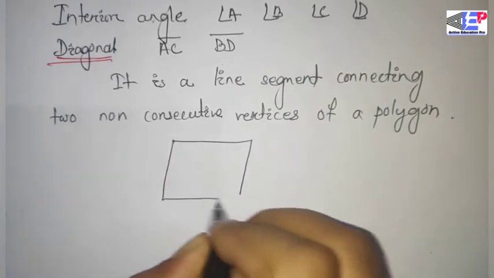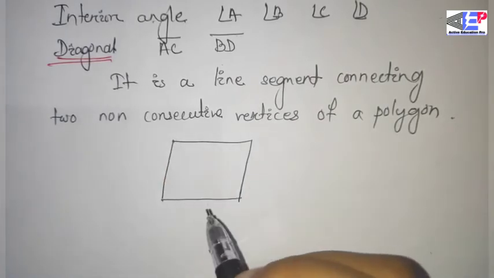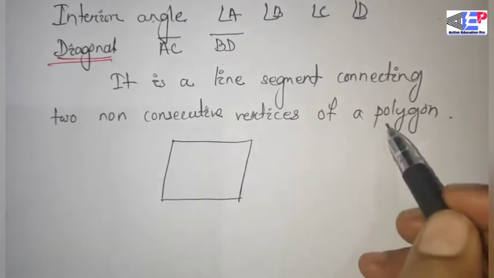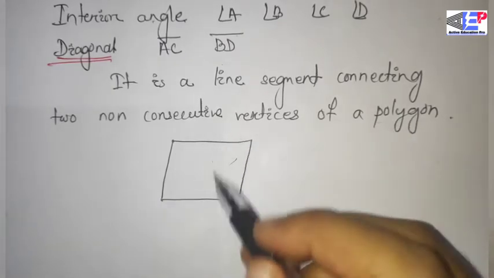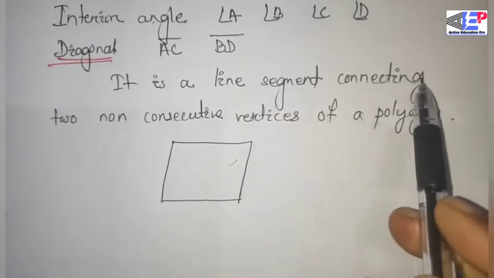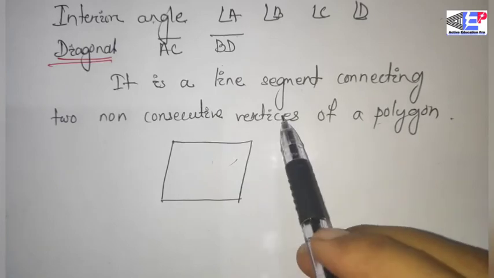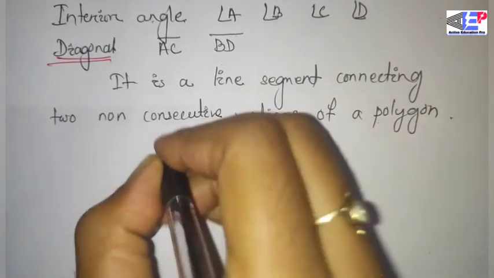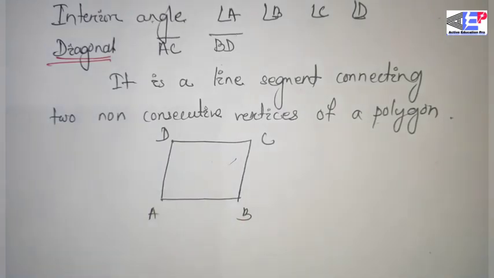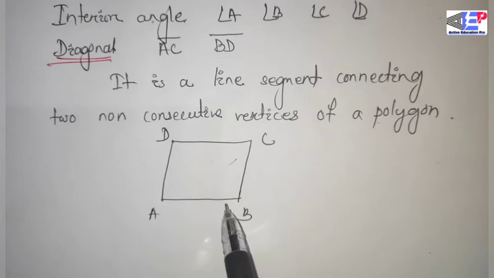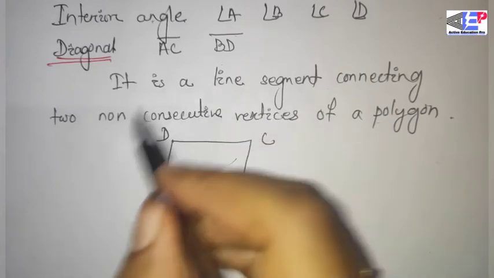This is a quadrilateral. A quadrilateral is also a polygon because it is made of more than one side, and this polygon is named quadrilateral as it consists of 4 sides. A diagonal is a line segment connecting two non-consecutive vertices. Here A, B, C, D are the vertices. The consecutive vertex of A is B if you move anticlockwise.